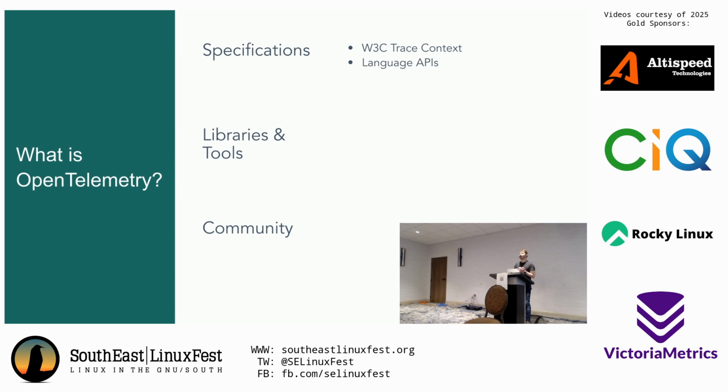Then we have the language APIs. These are the actual APIs for the functions that you would call within your code to generate telemetry, right? Like give me a span, add this metadata to the span, things like that.